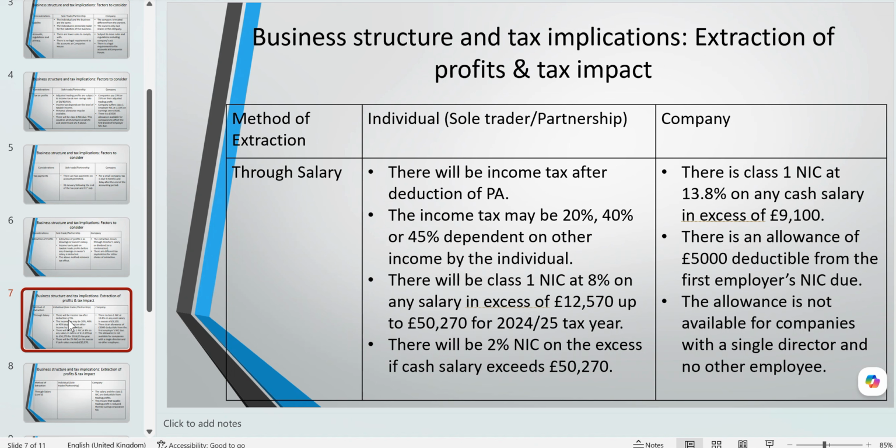There is an allowance of 5,000 deductible from the first employer's national insurance contribution due. The allowance is not available for companies with a single director and no other employee.